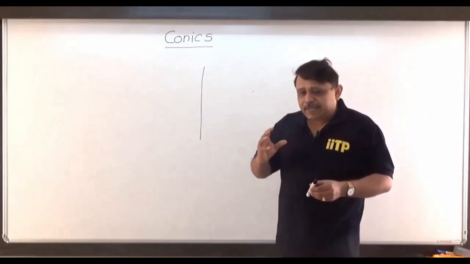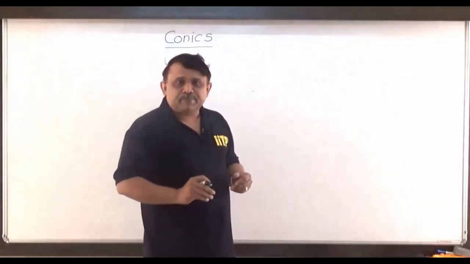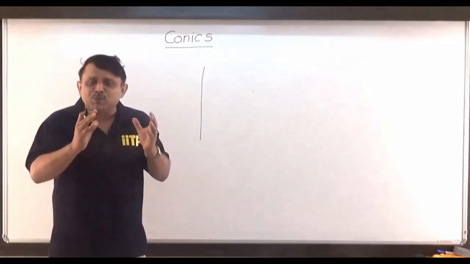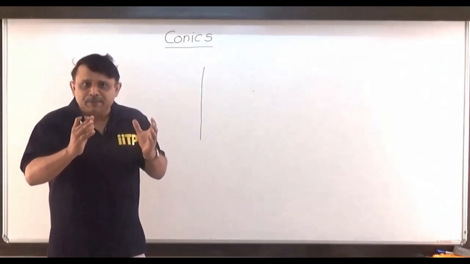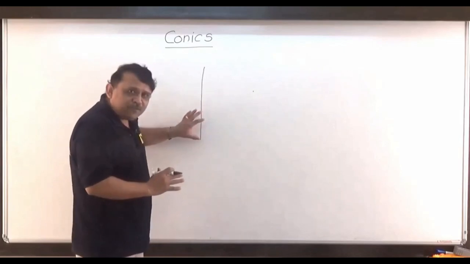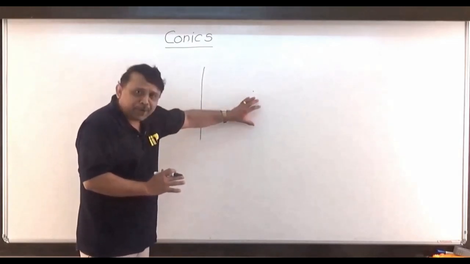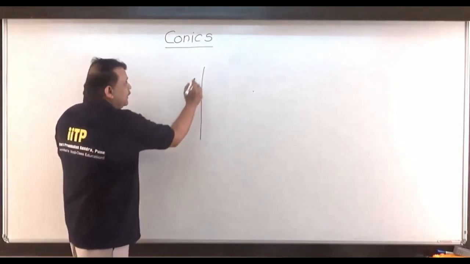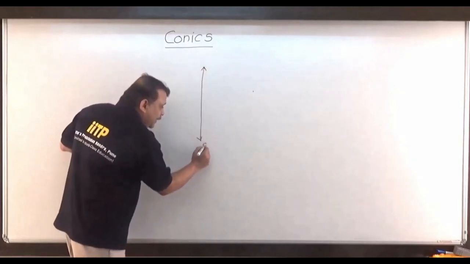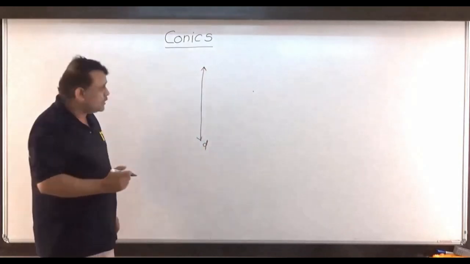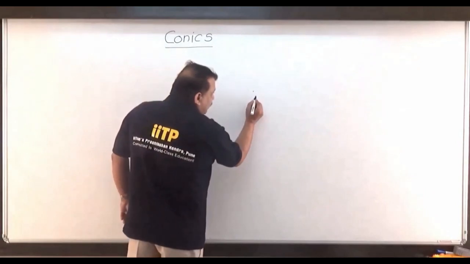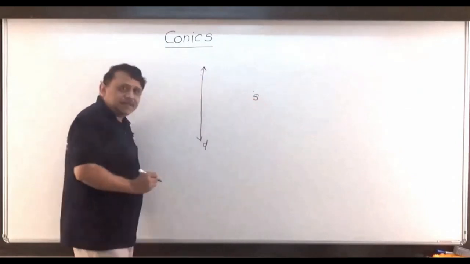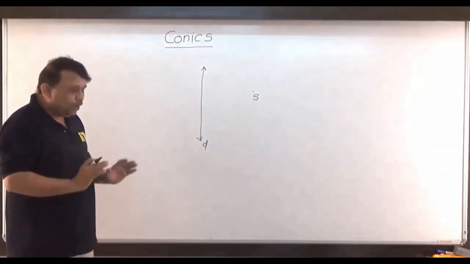Let us see a conic as a locus. I am collecting those points P in the plane of a fixed line and a fixed point. Let us name this line D, called the directrix, and let us name this fixed point S, called the focus.